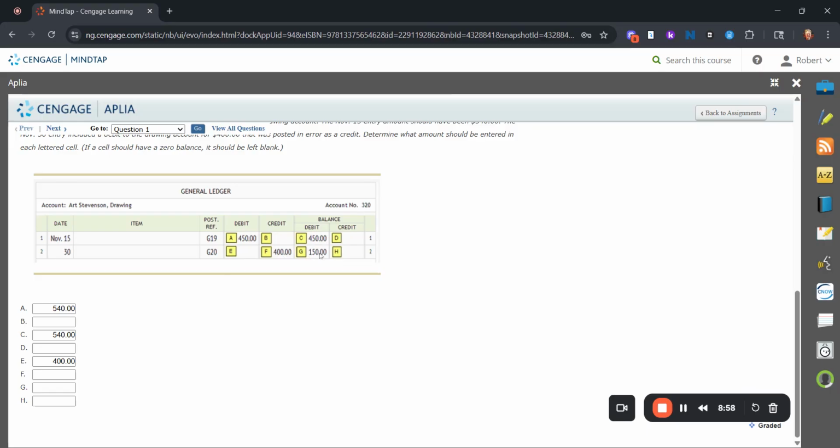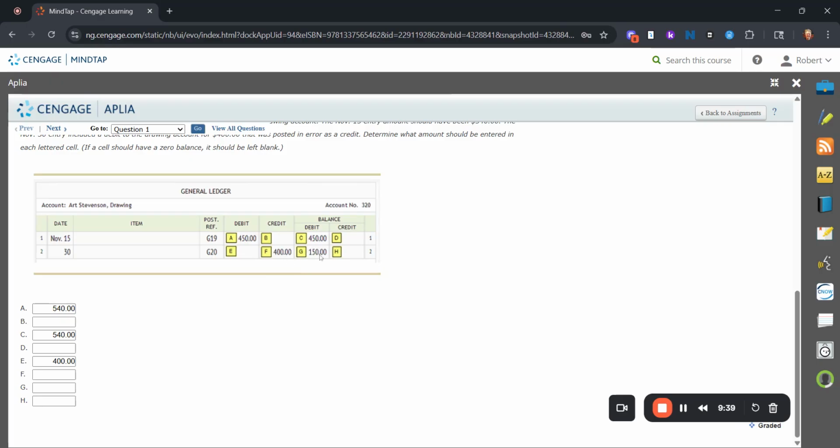So now we're going to have a new balance. We've got to update our balance after we make this change. We have $400 here in E, and that's a debit. The balance after we fixed the previous error is $540, so we're going to add those. 540 plus the $400 makes the new balance in G, because here they subtracted.